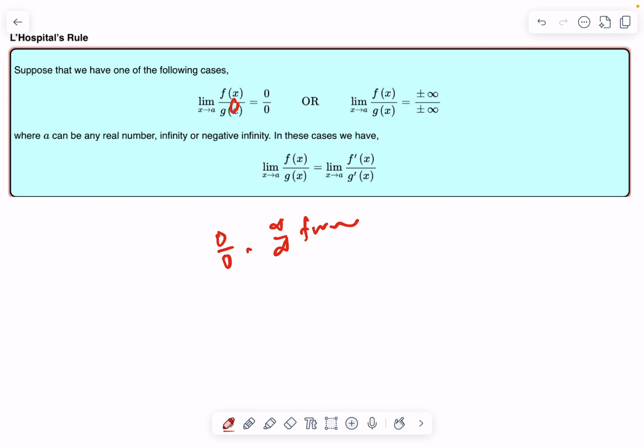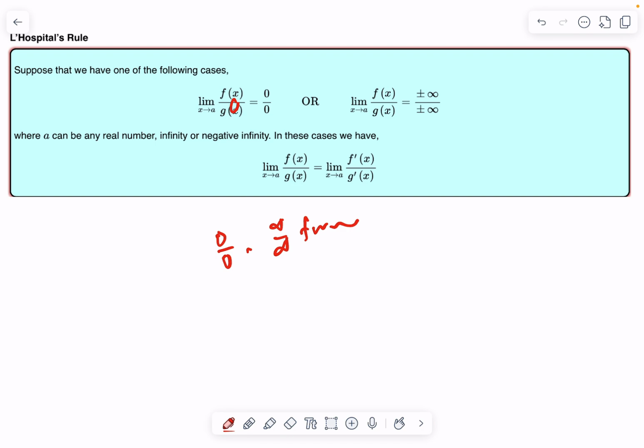it says like this: limit x tends to a, f x by g x is equal to limit x tends to a, f derivative at x divided by g derivative x. So derivative of f divided by derivative of g. If this limit exists, then you can say that the limit exists. So individually, you take the derivative of the numerator and the derivative of the denominator.